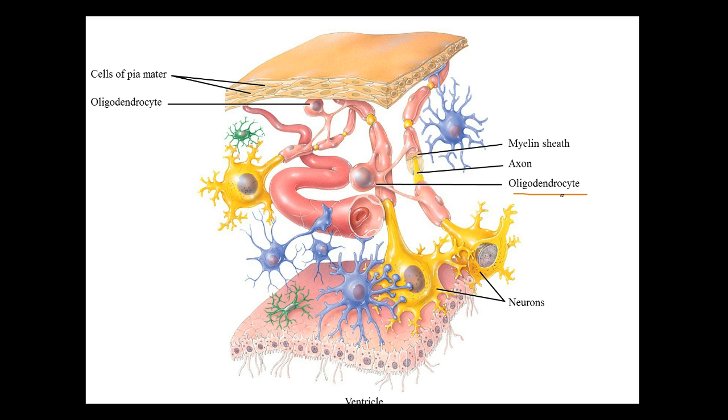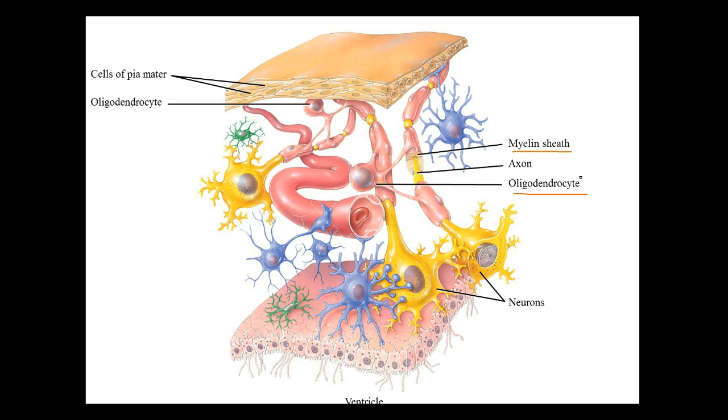These are the cells that myelinate, so they create that lipid protein layer on the axon in the central nervous system. Oligodendrocytes myelinate in the central nervous system. That is their function. If you follow the extensions, you'll notice it's wrapping around the axon multiple times, and when it does that, it creates the myelin sheath, so it myelinates the axons.